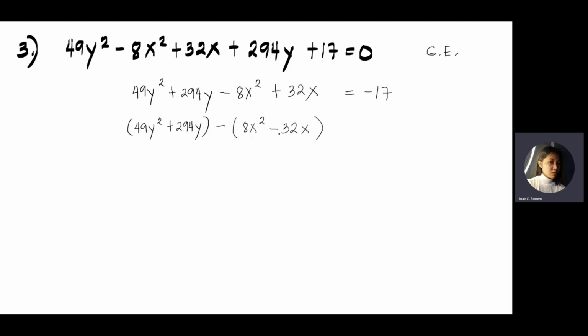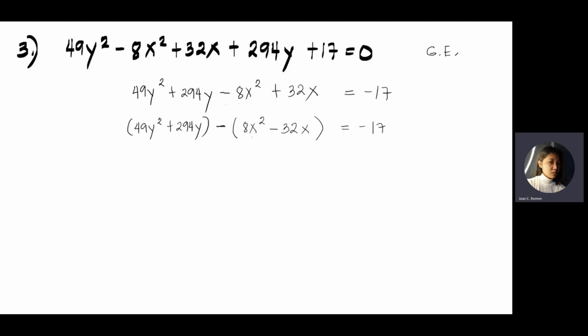Negative times negative 32x, and that is positive 32x. Okay? So, kaya natin kinuha yung negative ng 32 kasi naglagay tayo ng grouping symbol and meron tayong subtraction sa labas ng grouping symbol na yon or ng parenthesis na yon. Is equal to negative 17.